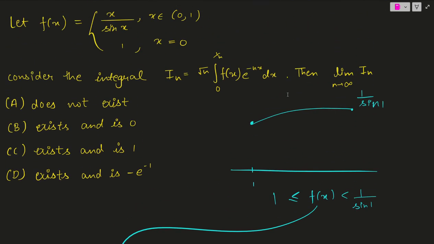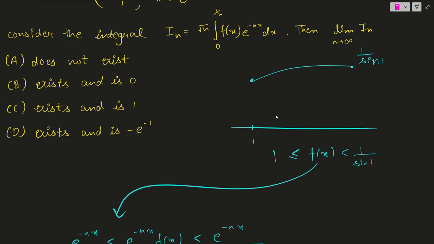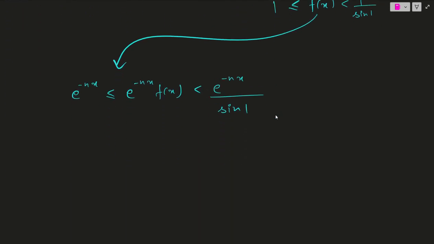Now the limits of this integral are 0 to 1 by n, and we can just make an integral here with the same limits.